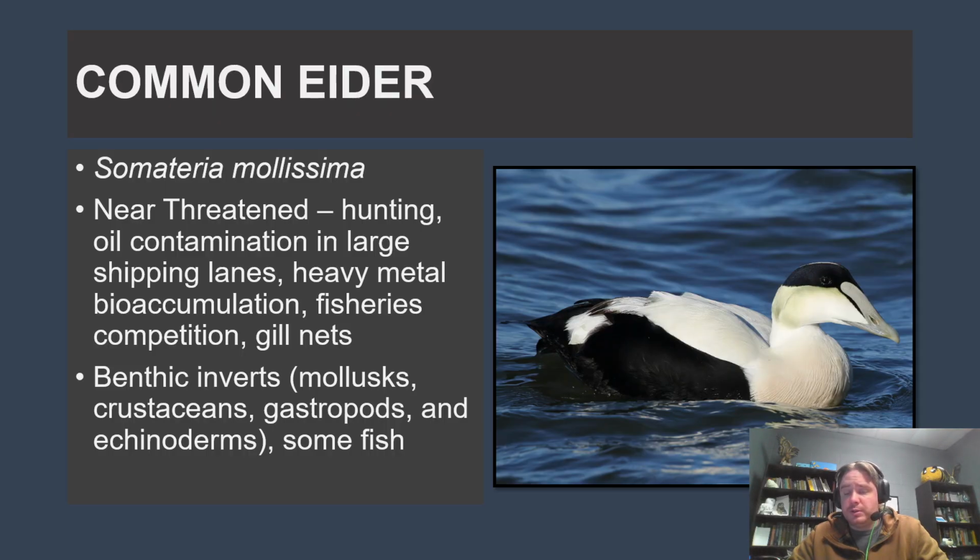Fisheries competition is an interesting one. These birds primarily eat benthic invertebrates, things like mollusks and crustaceans, and they eat some fish as well. Our fisheries industry also likes to go out and take large numbers of mollusks and crustaceans and other of this species' preferred foods.